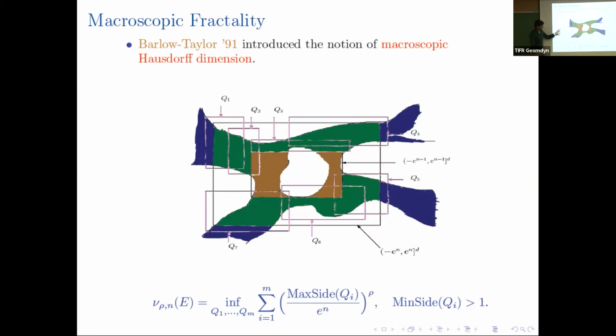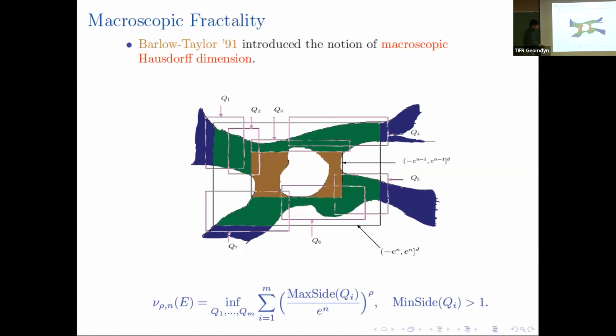What we do is cover this intermediate region with rectangles with side lengths at least 1. It could be some other constant, but for now I'll set it to 1. With these coverings, we compute an object like this: the infimum of the sum, over all rectangles used for the covering, of the maximum side of the rectangle over e to the power n to the power rho, taken over all possible coverings.